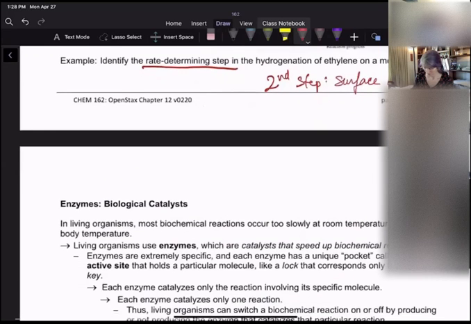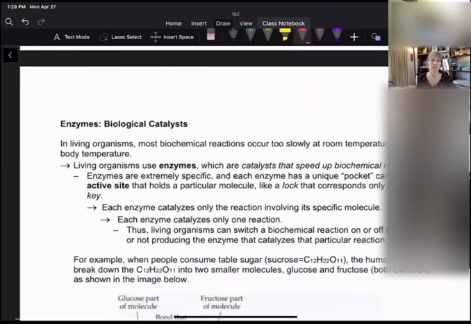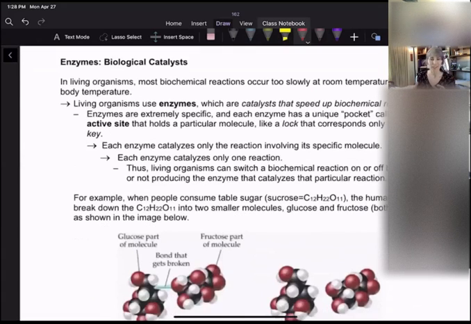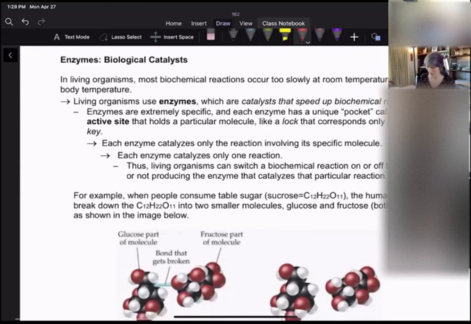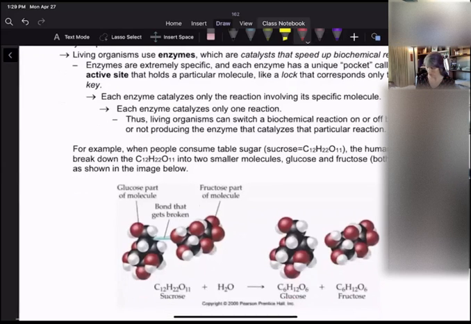Yay, biological catalysts. So these tend to have larger active sites. It's more than just a couple molecules. There's several different areas of geometry that give that lock and key sort of fit. And they're often highly specific. So this is showing sucrase.